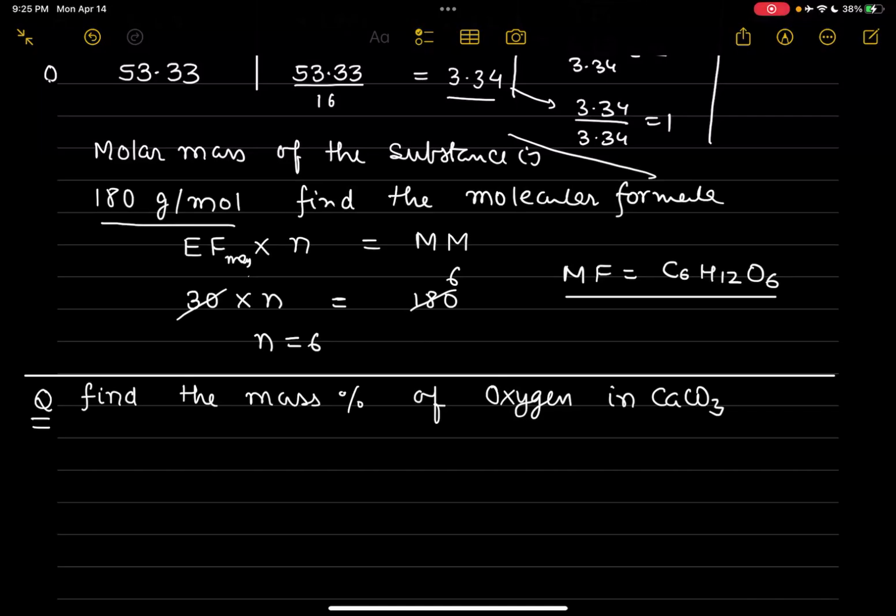So you have to find the mass of the calcium carbonate and then... I'm just not giving you the complete thing. Mass is not given, total mass is not given, so you can take it to be the molar mass, 1 mole. Molar mass is how much?